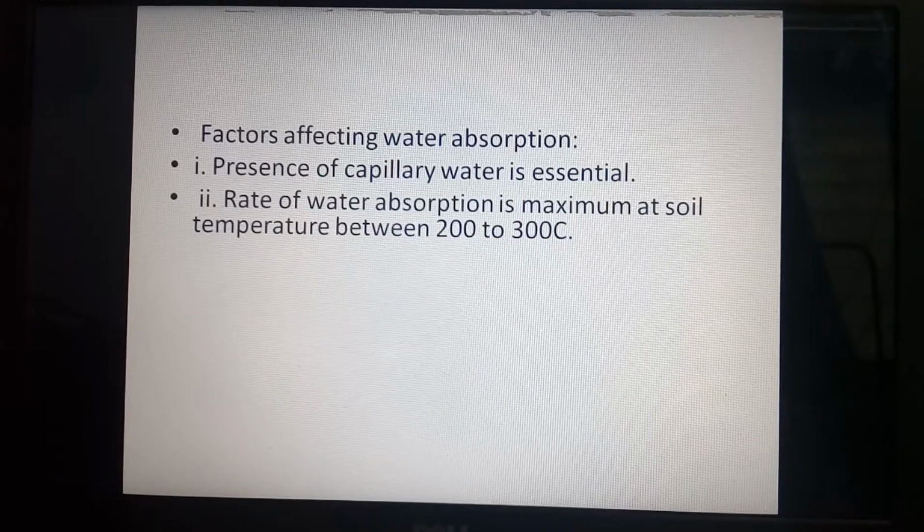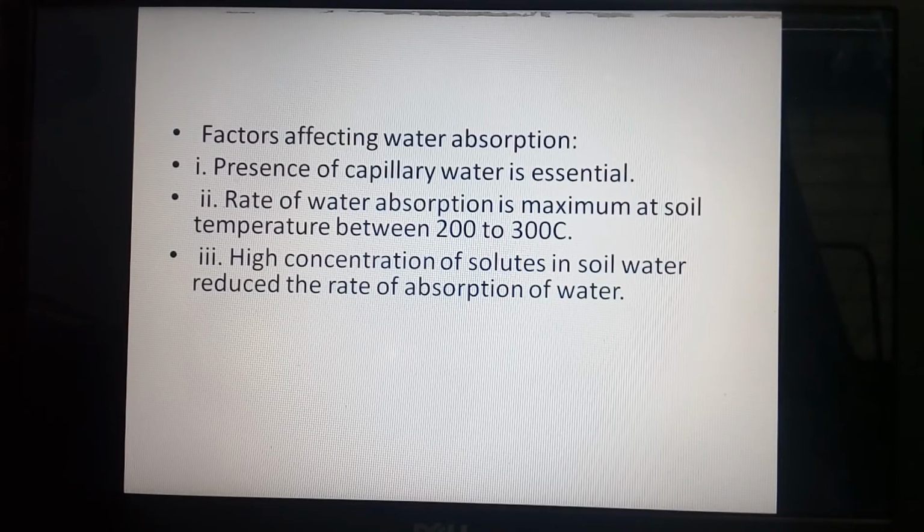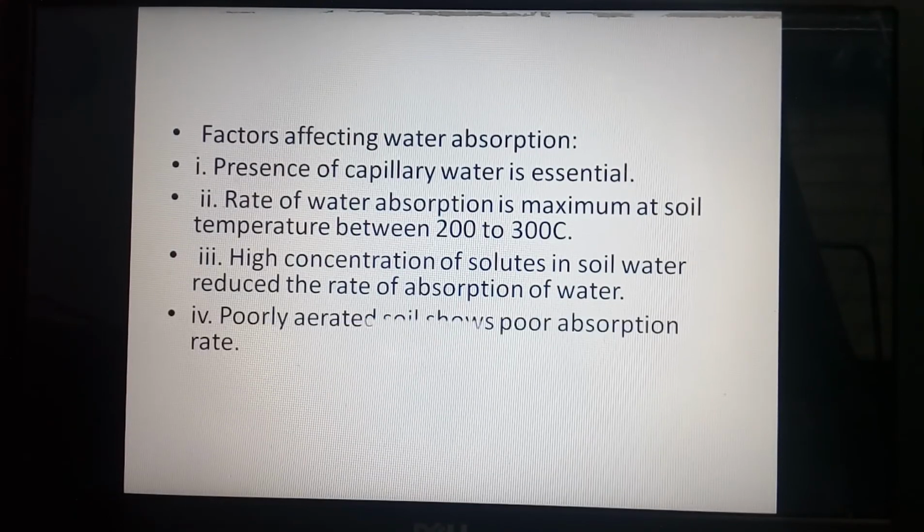Rate of water absorption is maximum at a soil temperature between 20 to 30 degrees Celsius. High concentration of solutes in soil water reduces the rate of absorption of water, and poorly irrigated soil shows a poor absorption rate. We'll discuss each and everything in detail.